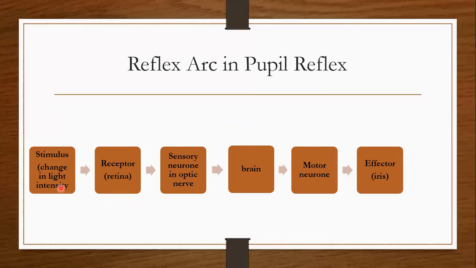Receptors in the retina get stimulated, and the message is sent through the sensory neuron in the optic nerve to the brain, where the message is interpreted, and again through the motor neuron, the message is sent to the effector, the radial and circular muscles of the iris.